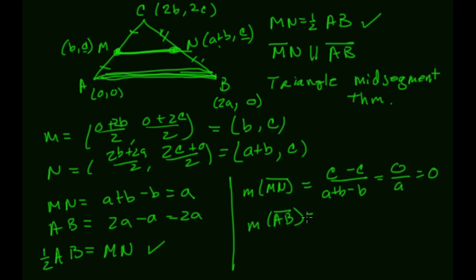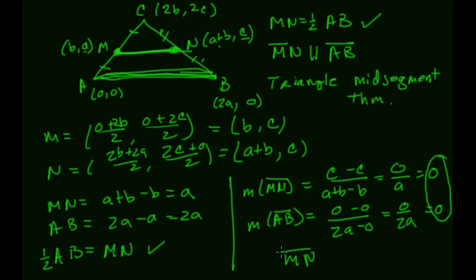Slope of AB is going to be y2 minus y1 over x2 minus x1. So that's just going to give me 0 over 2a, which works out to be 0. The two slopes are the same, which means that the line segments are in fact parallel, which is the other thing that we needed to prove for the triangle mid-segment theorem.